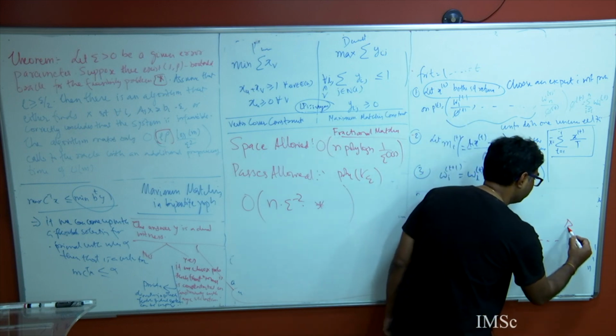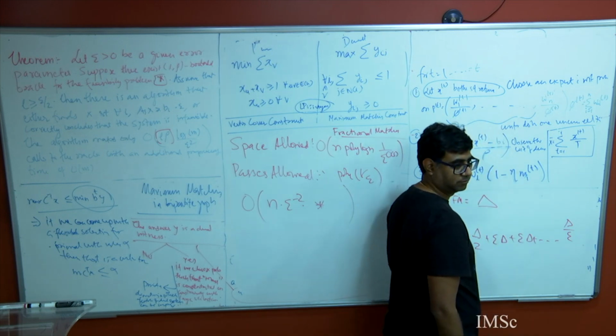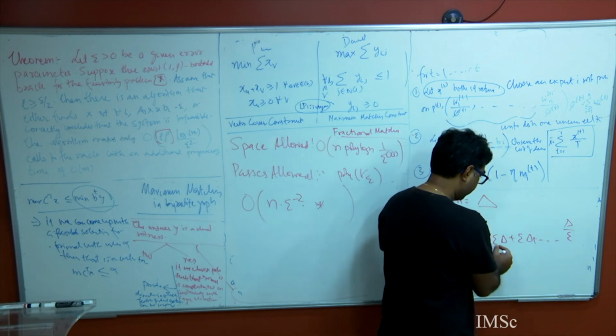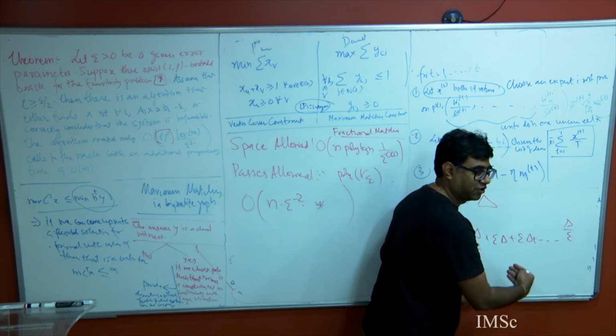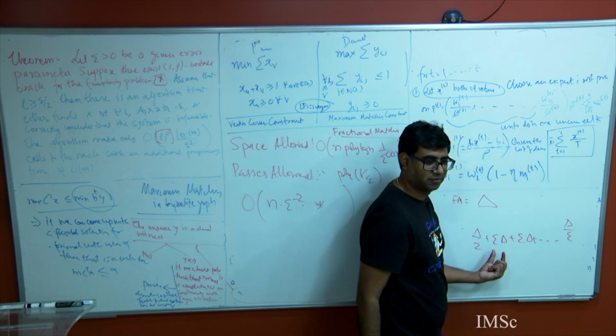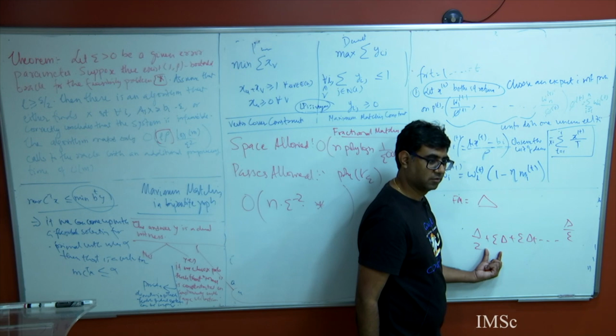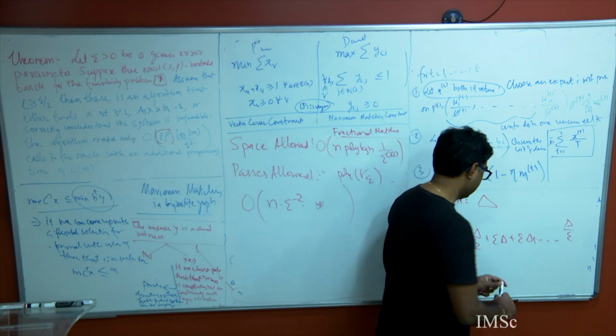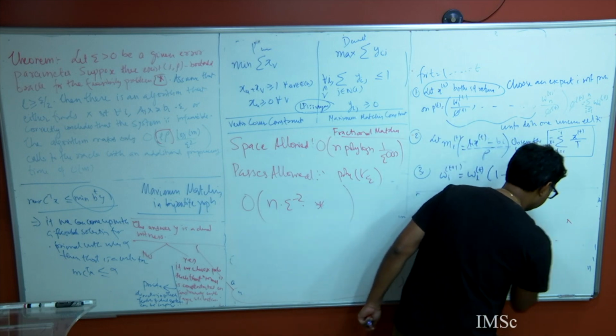Why? Because this is going to be delta by epsilon rounds. Even if I increase by epsilon fraction of delta each time, I'm not going to achieve much. So if I have to achieve epsilon, I have to increase by how much?